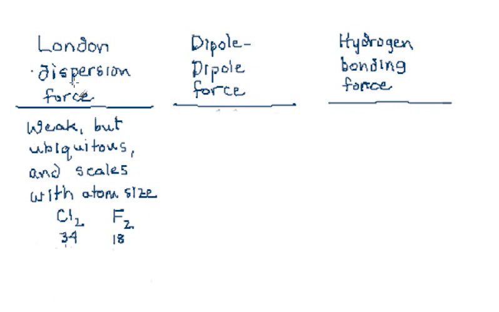If you have a compound like chlorine, we could say that has the same electronegativity, so not polar. That's an easy example.